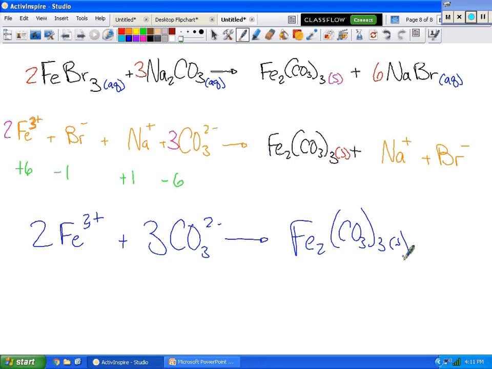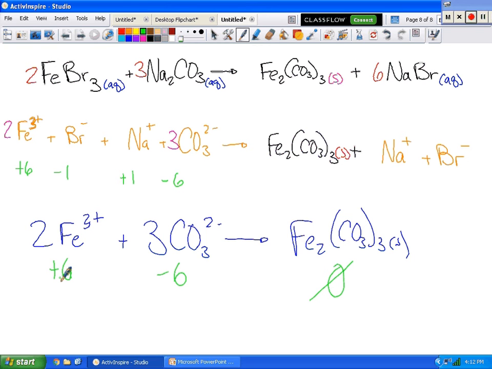What is this right here? It's a charge. What's this? What is this? That's -6. 3 times -2. You with me now? So +6, -6 cancel, leave you a neutral on both sides.